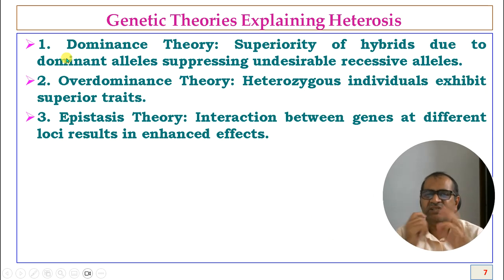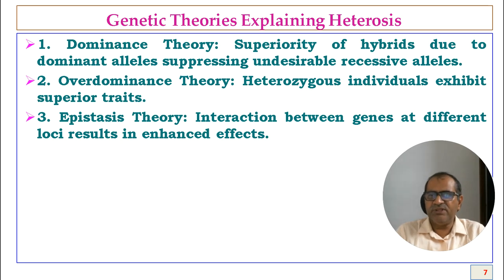So the genetic theories explaining heterosis are different. The number one is the dominance theory, which is the superiority of hybrids due to the dominant alleles, as I explained yesterday, suppressing undesirable or recessive alleles. Whereas the overdominance theory is another theory wherein the heterozygous individual exhibits superior traits.